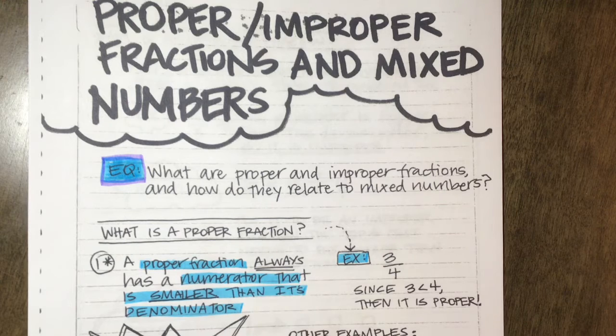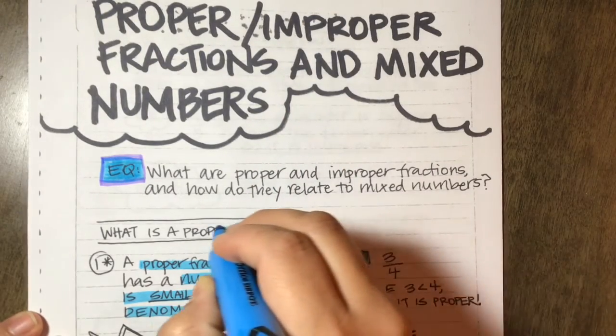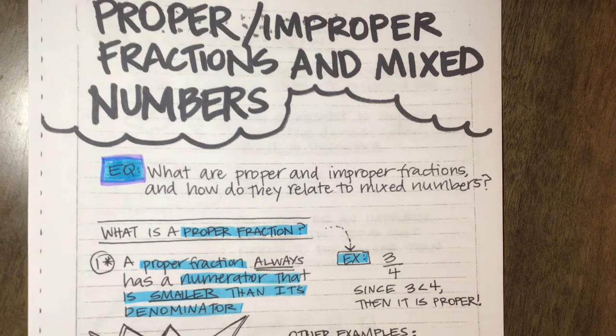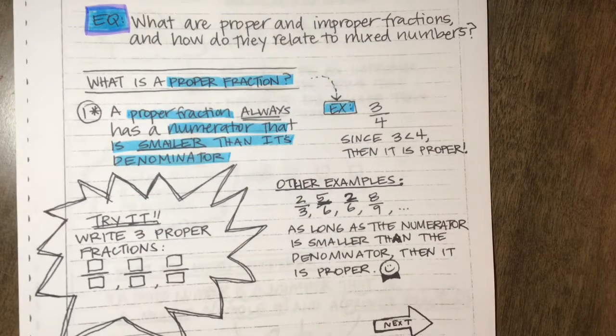So that right there, that's all you really need to know about a proper fraction. If you want to go ahead and highlight it, you may, just so you know where to come back. But a proper fraction is just a fraction that has a numerator smaller than the denominator. Now let's go ahead and look at some other examples of what a proper fraction might look like.